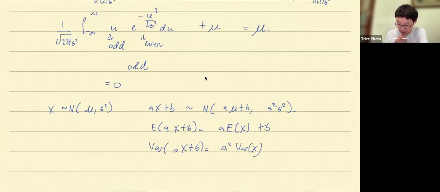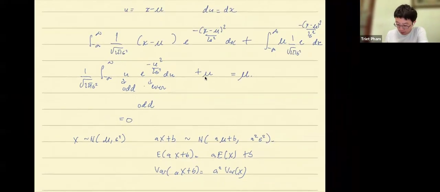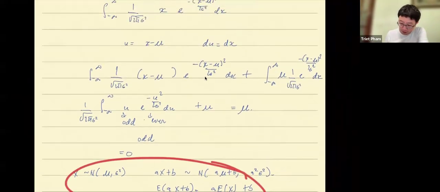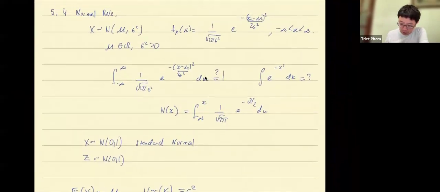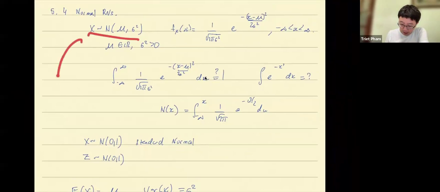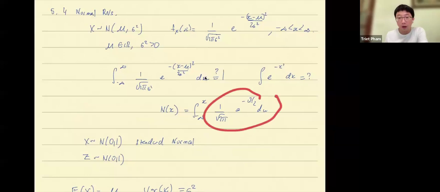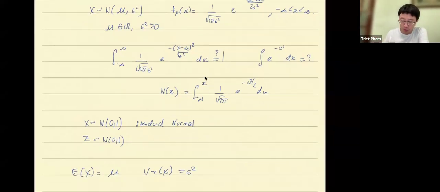Now, why is this fact super important? In a sense, I should have stated this result first, because instead of working with a normal in general, you can always pull back to a standard normal, because the standard normal has a much easier PDF, and then do your work there and then transform back to the general normal.